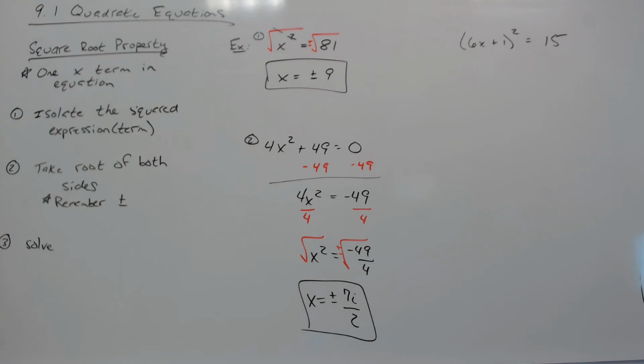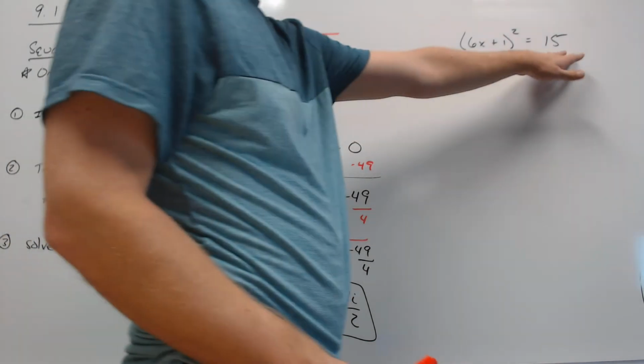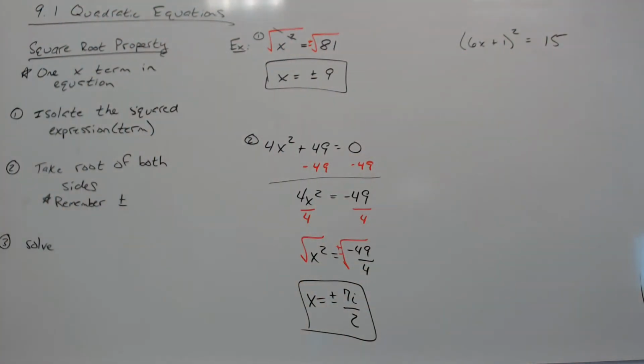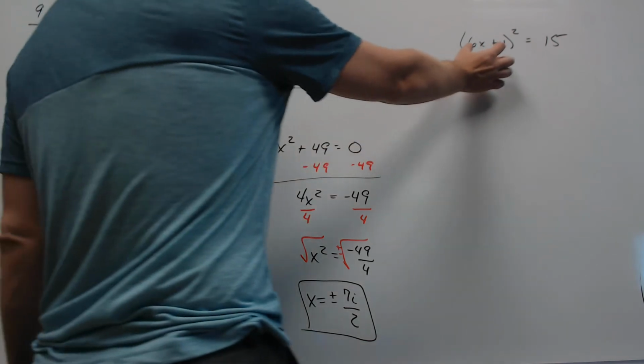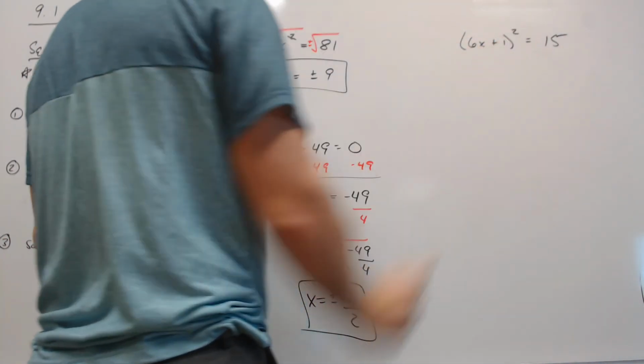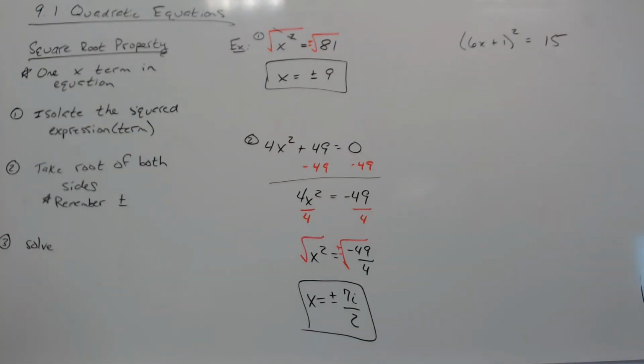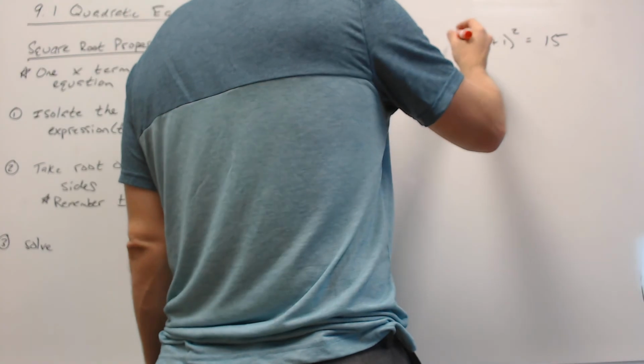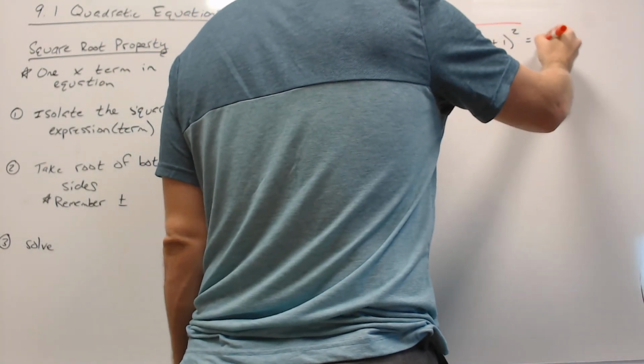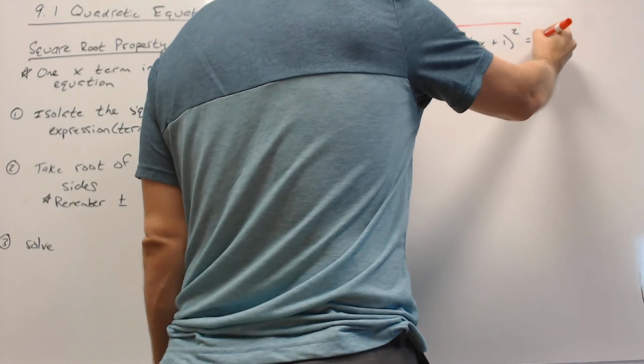And lastly, the most complicated version of this. The nice thing about it is that the squared expression is already by itself. I can't touch anything that's in this expression until I cancel out the squared. So we're going to start off by taking the root of both sides, plus and minus.